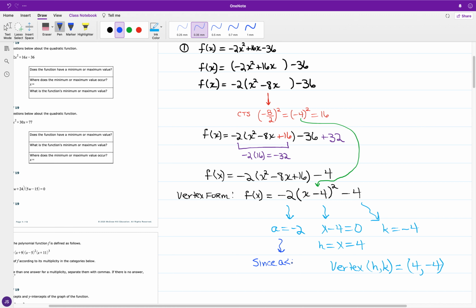In other words, since a is less than 0, the graph is going to open downward. Since the graph opens downward from the vertex, the vertex, which is (4, -4), is going to be the maximum.